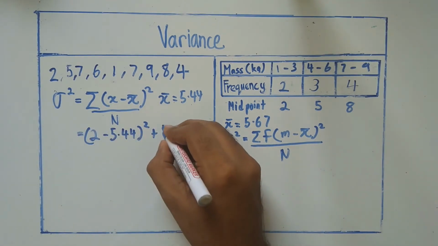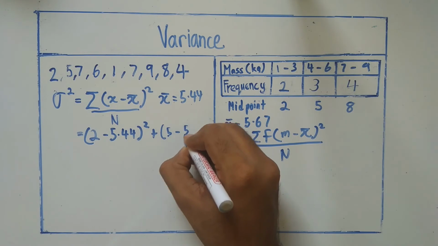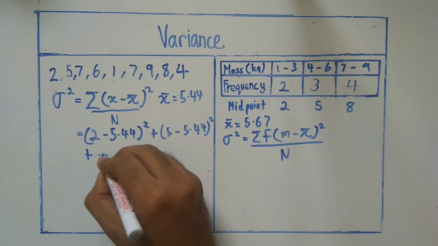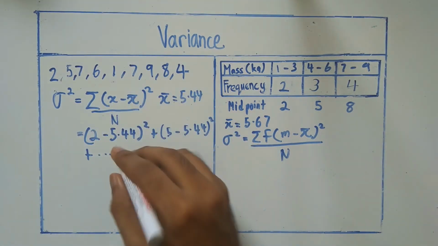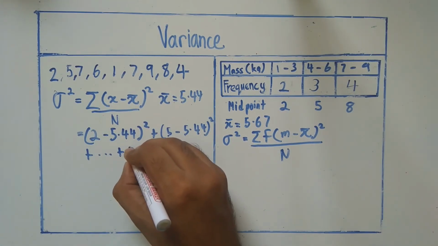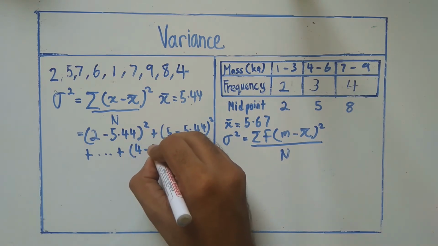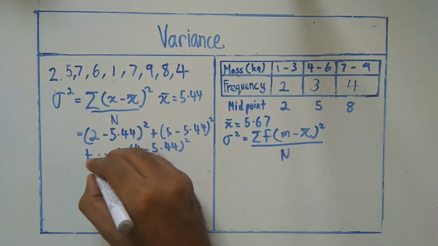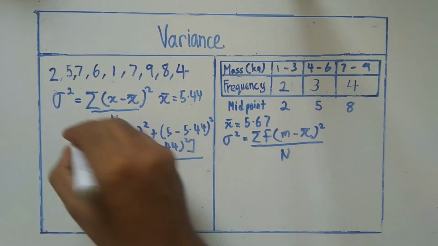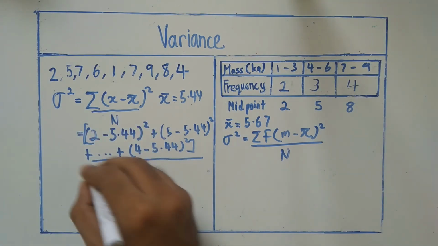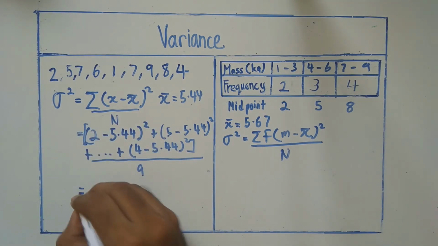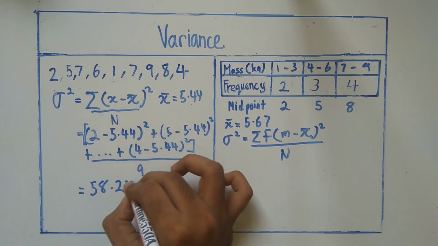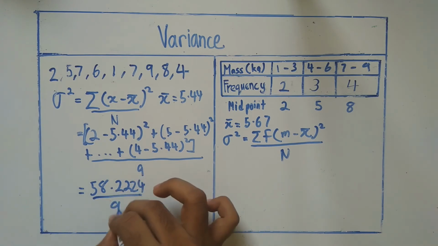Then we take 5. Then we keep on adding until 4. We divide the whole thing by 9. You should get 58.2224 divided by 9.